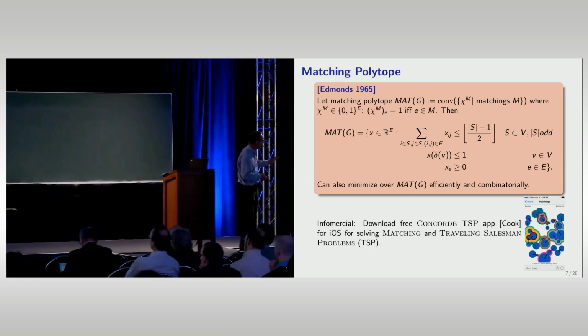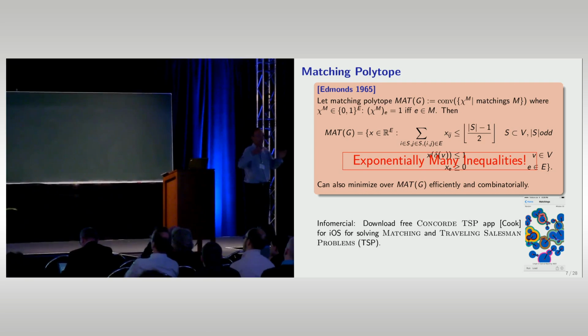For matching, such a description of the convex hull was obtained. I don't want to go over the description. What's important is that the number of inequalities is exponential. There is one for every odd set of vertices. So if you have n vertices, you have 2 to the n minus 1 inequalities. And so you would not be able to use interior point algorithms, but you could use this version of the ellipsoid algorithm.